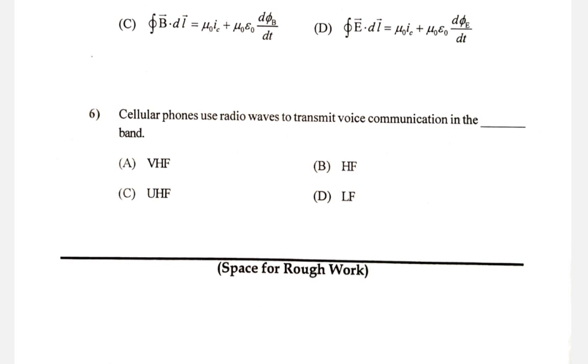UHF stands for ultra high frequency, and we know that for ultra high frequency the range is 300 to 3000 megahertz. So this will be C, our answer.